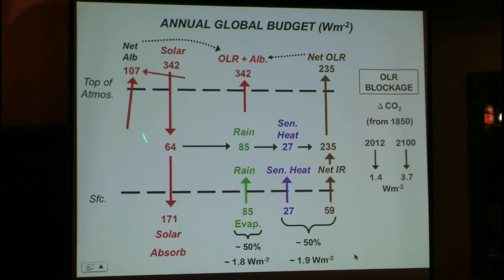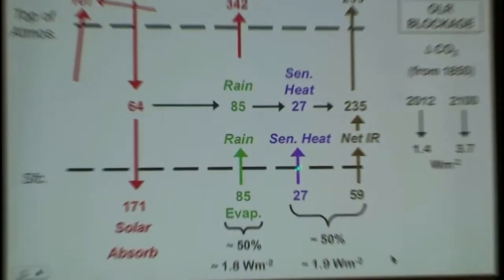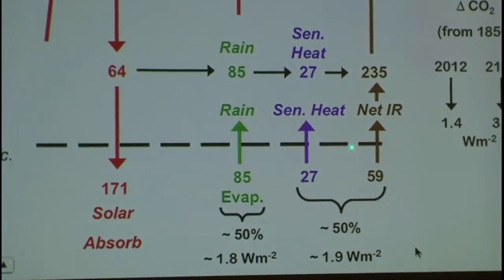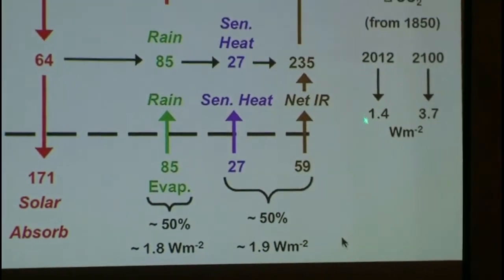You see, you have all these things going on, all these terms. This can vary. Solar absorption can be a little bit more. The rain can go up and down. All these things can go on. We know that in reality, but they're disregarded. They're all constant. So this little bit here drives the whole damn system.